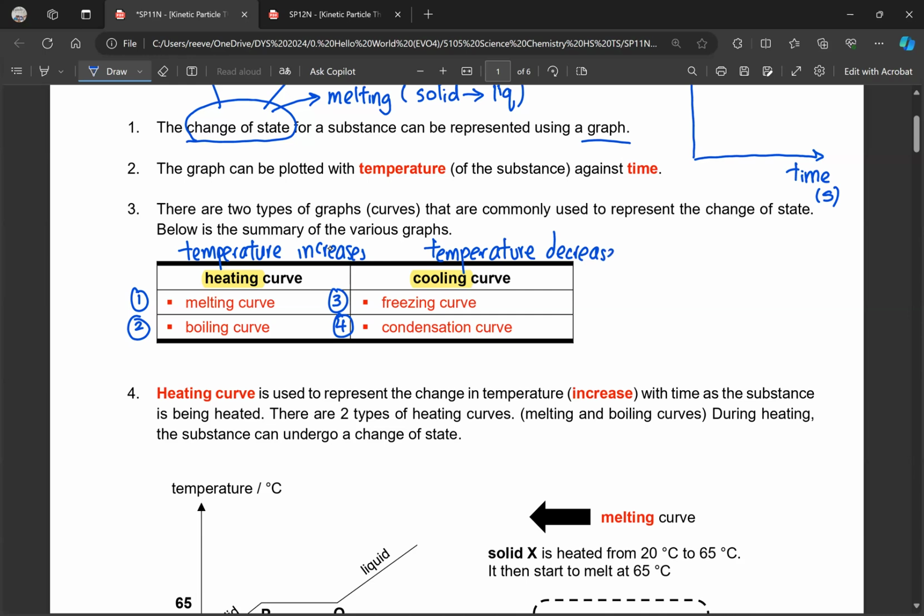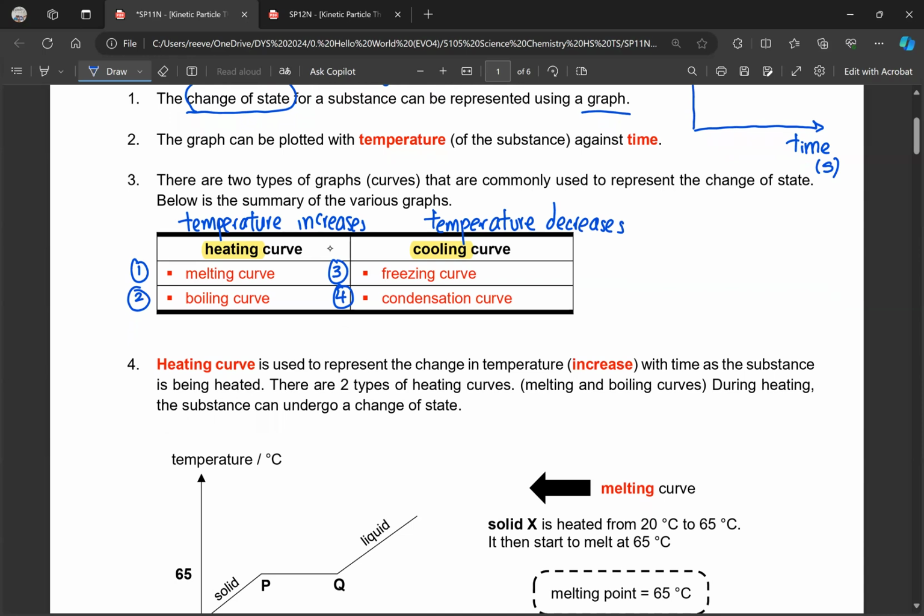So when you see the graph later, if the temperature is going up, it is a heating curve. On the other hand, when the temperature goes down, that is a cooling curve. Any questions so far? If you need more time, just pause the video and fill in the blanks.